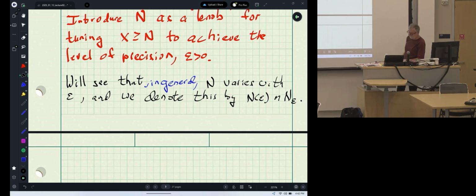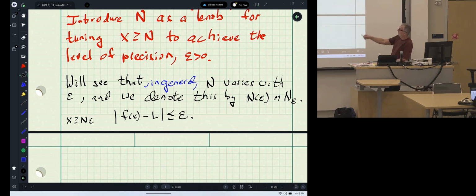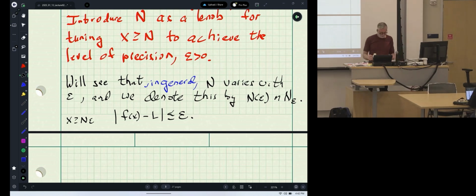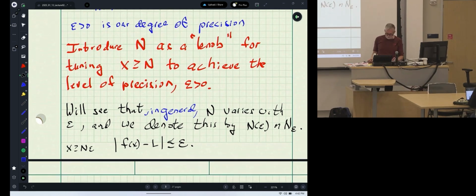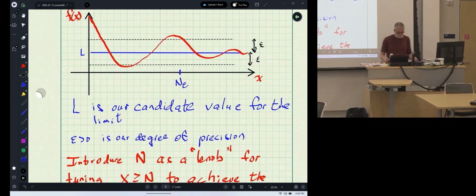So it's just a value that when x is greater than this, we want the difference of the function minus the limit to be within epsilon. And once again, epsilon is our tuning for precision. n is how far we have to push x out in order to achieve that level of precision. And that's what this figure is trying to capture.